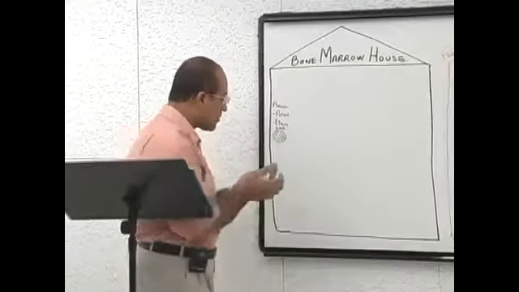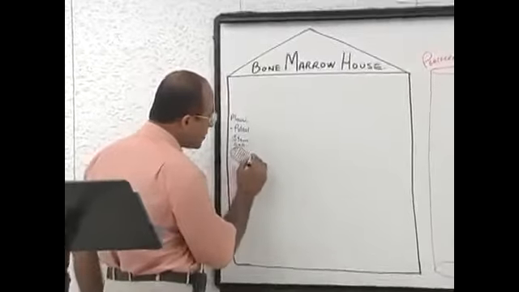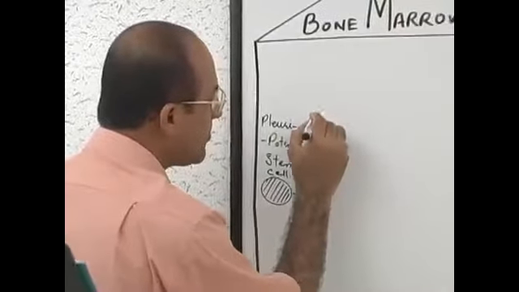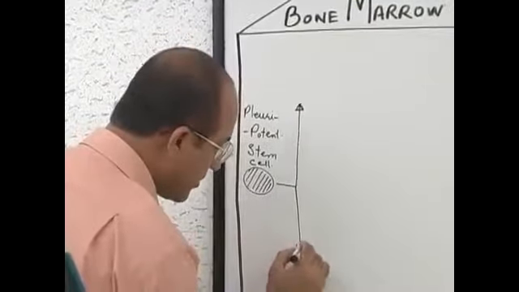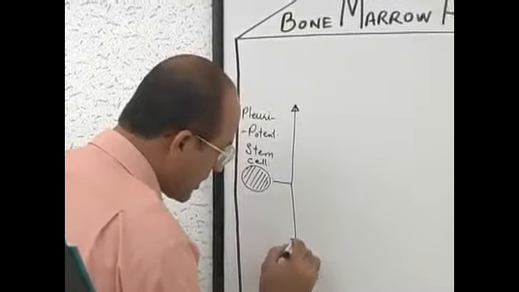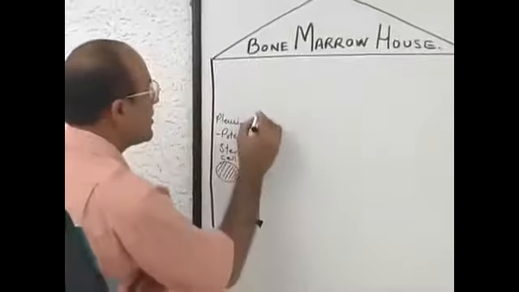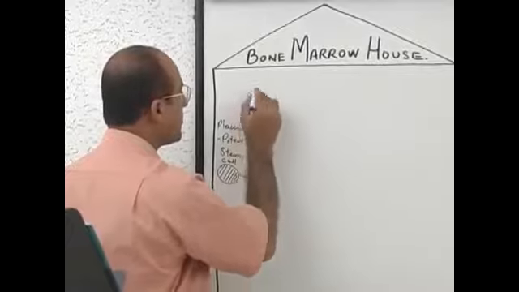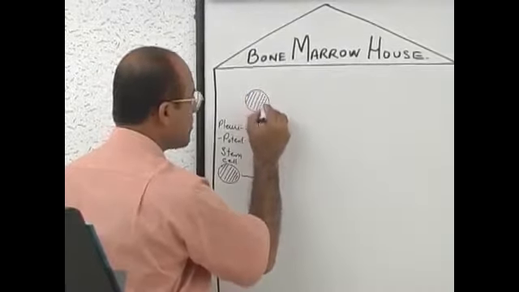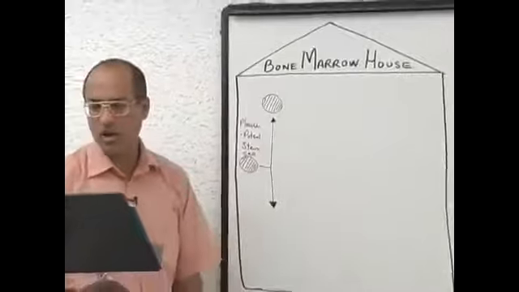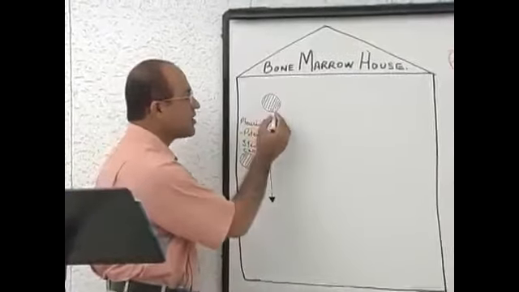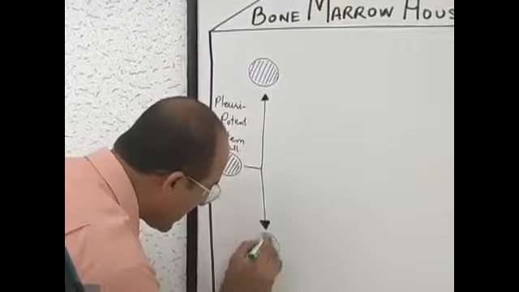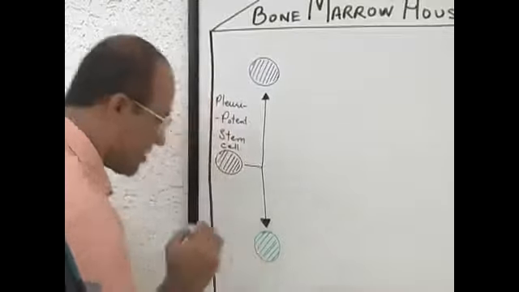Now, this pluripotent stem cell basically divides into two different types of cells. These two cells resulting from the pluripotent stem cell are, number one, related with the lymphoid lineage, and this is also called a multipotent stem cell related with the lymphoid system, and this is a multipotent stem cell related with the myeloid system, right?